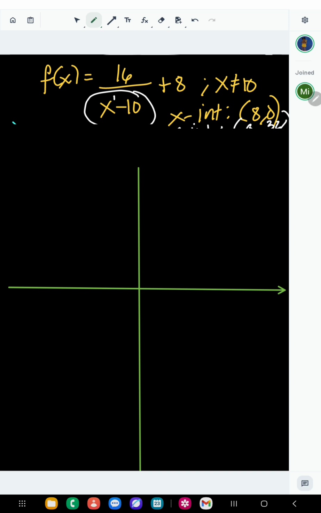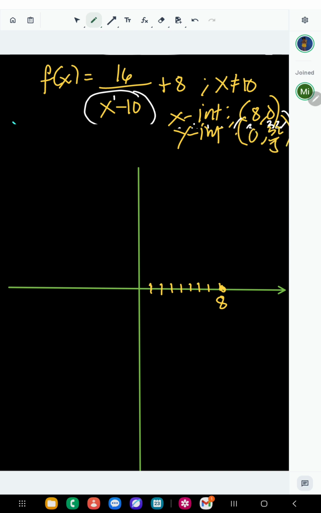We have the x-intercept is 8, 0. So let's say this is 8: 1, 2, 3, 4, 5, 6, 7, 8, 0. And then the y-intercept, that is 0, 32 over 5.